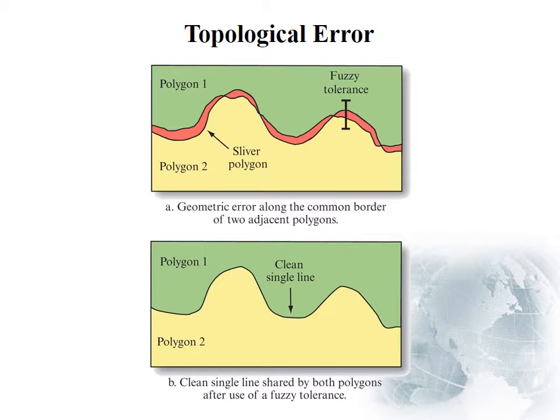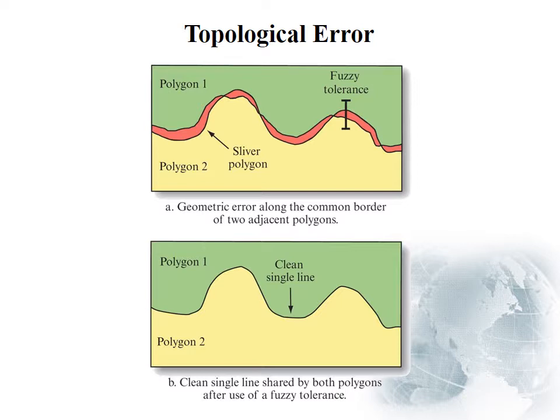So here we're seeing an example of digitizing two areas, maybe two different people working on digitizing the same area, and we're trying to combine their work, or the same person on different days goes through and creates polygon number one with one type of land cover, polygon number two with another type of land cover, and they really didn't do a good job of catching the boundary between those two different land cover types.